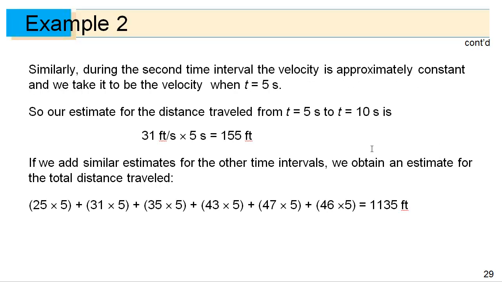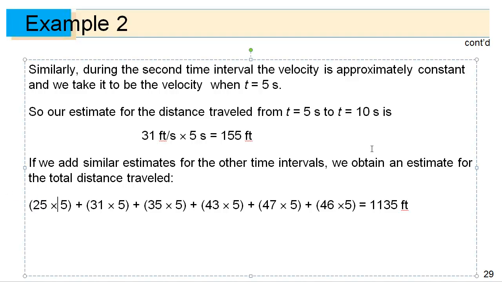We can do the same thing with the next interval, and the next, and the next. You'll notice that each time we take the velocity and multiply it by 5 because that was the size of our time intervals. Each one was 5 seconds. Add all those together, and it tells us that we traveled 1,135 feet.